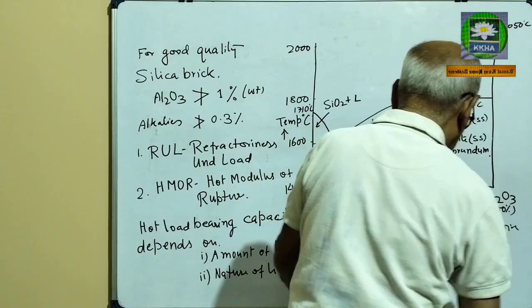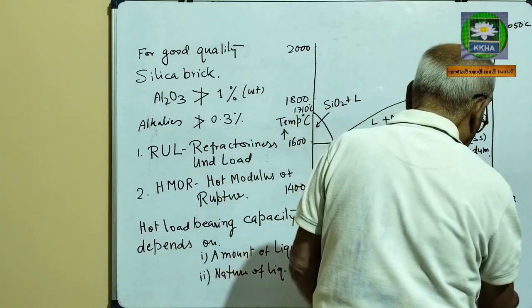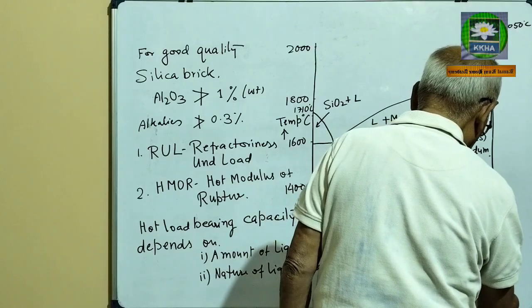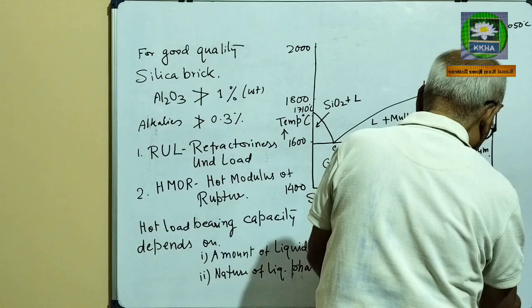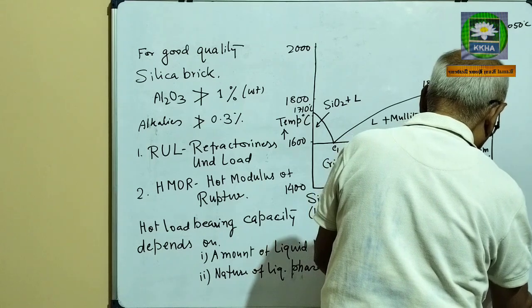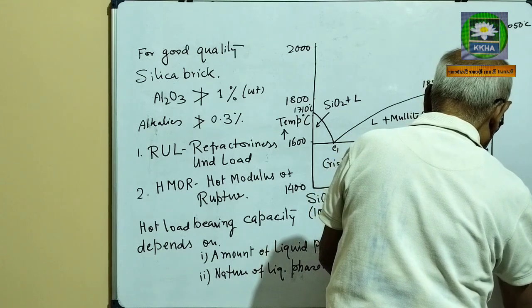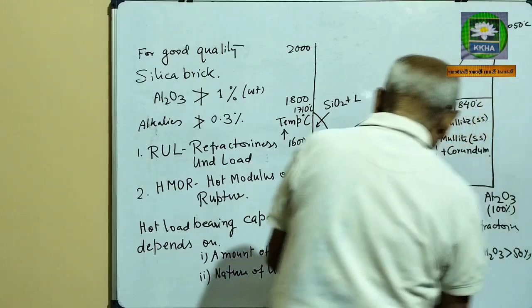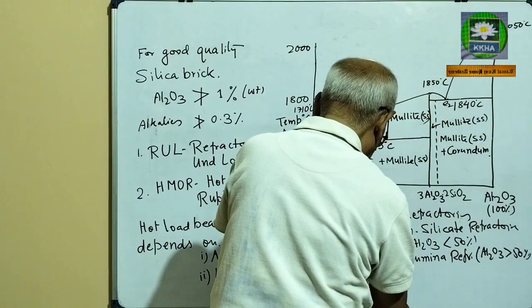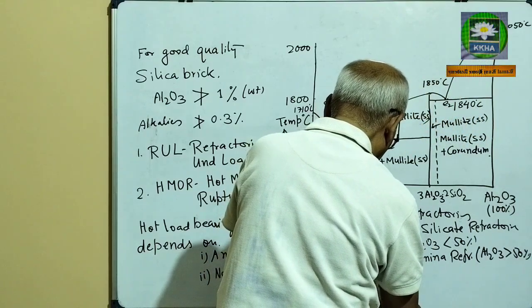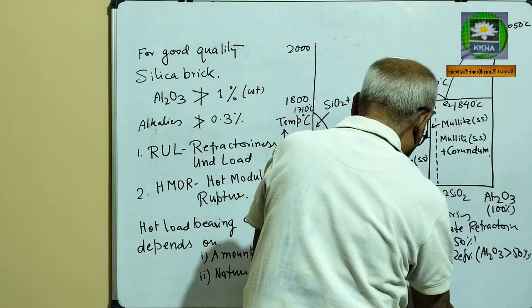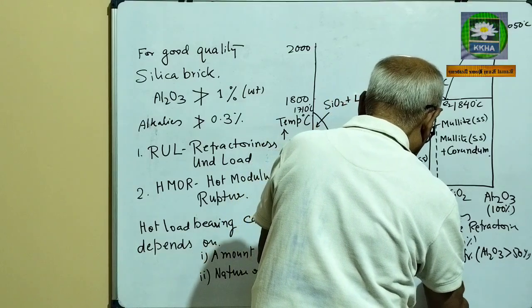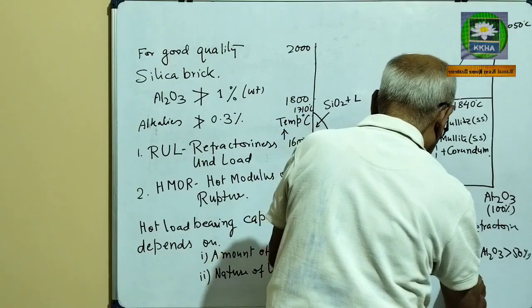High alumina refractories, Al2O3 more than 50%, and Mullite refractories.